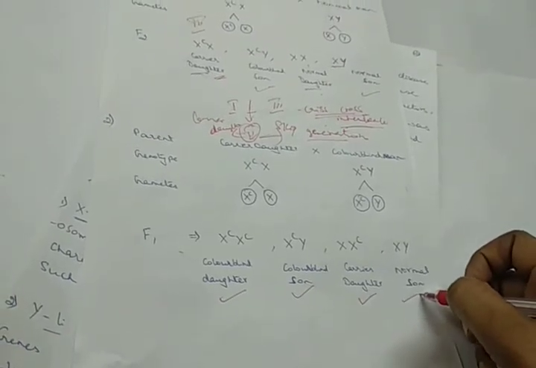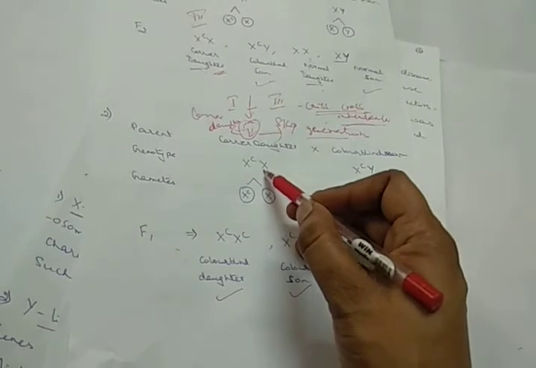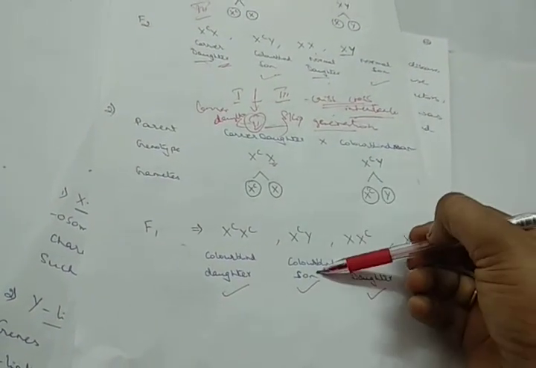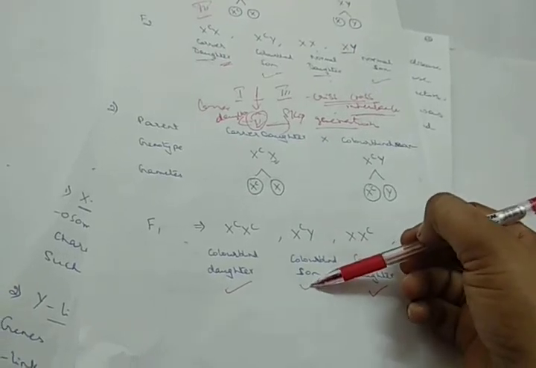It always depends on which type of gamete is transferred from the parents to the children, or the progeny. So this explains color blindness, the skip generation, and also the carrier daughters.